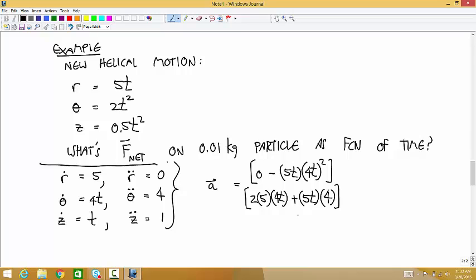And then for z double dot we have 1. So minus 20 t cubed. What? Oh, I didn't square that. Yeah, thank you. 16. What is it? 80 t cubed. Then 40 t plus 20 t, so 60 t. And 1.